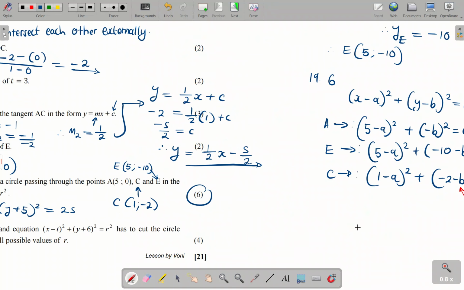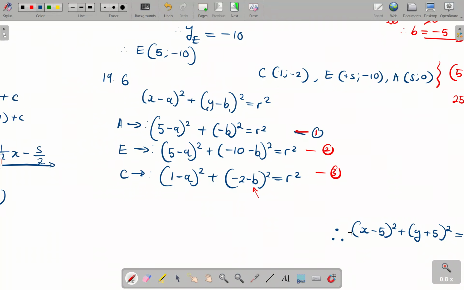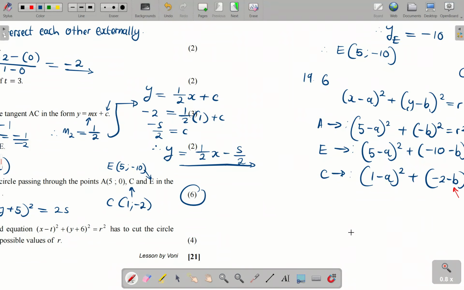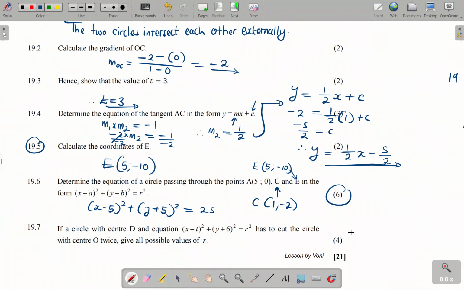Let's confirm if it's what we got there. Yeah, it's the same thing. So okay. Now I'll just assume that this is x minus 3 and then squared plus y plus 6 and then squared, which is equal to r squared. Yeah, I'll just assume like that.